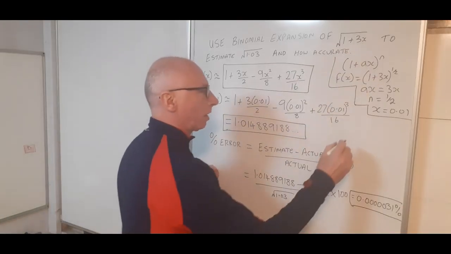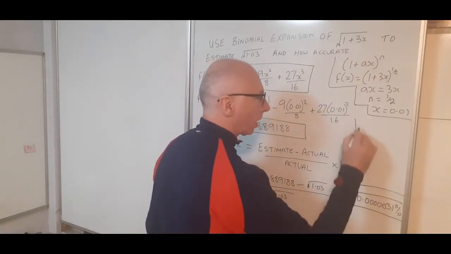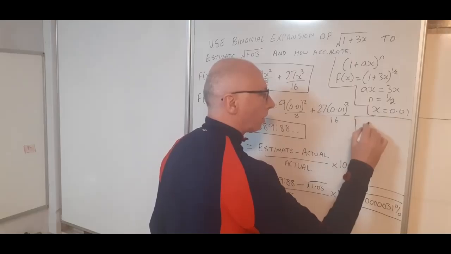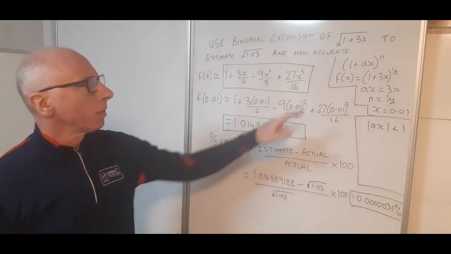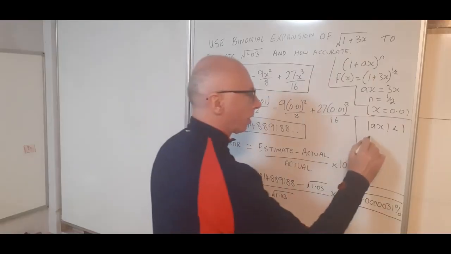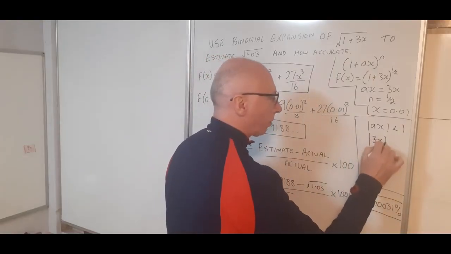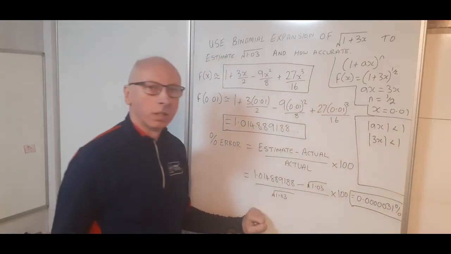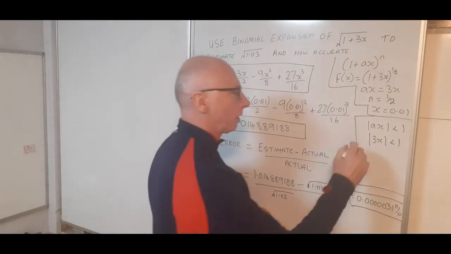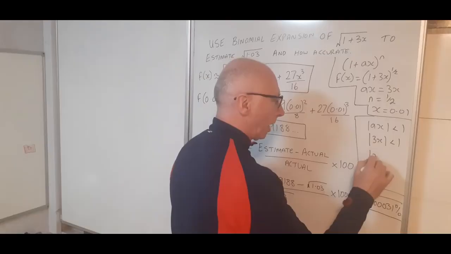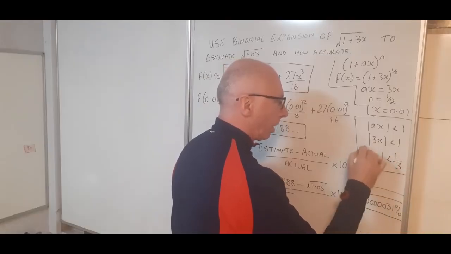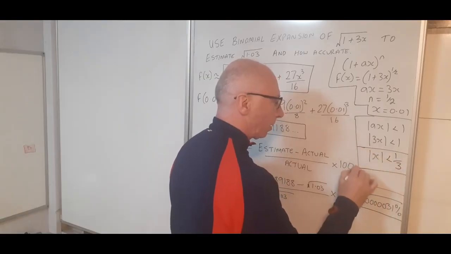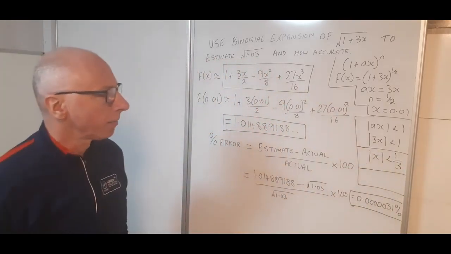Let's put this in the box here because this is what we're going to need. The absolute value of ax must always be less than 1. So in this case, we've got 3x. So the absolute value of 3x will be less than 1. Divide by 3, and the absolute value of x must be less than 1/3. And that's what will make this expansion valid.